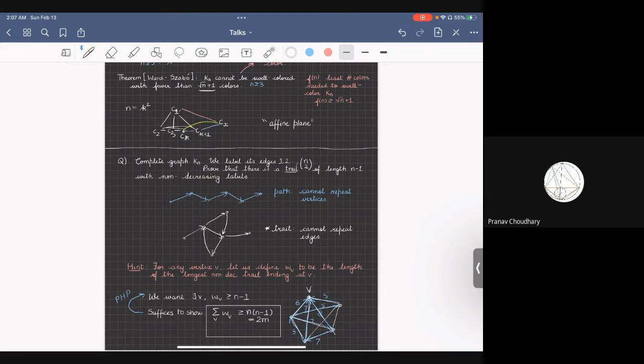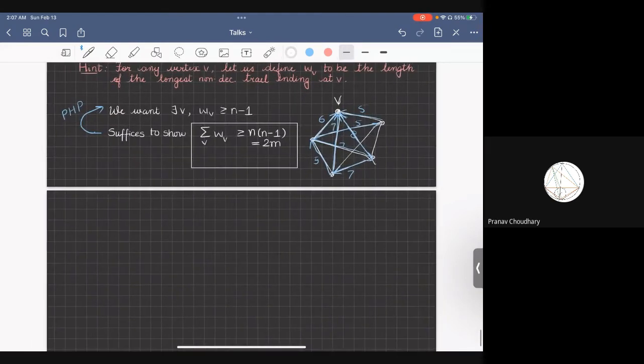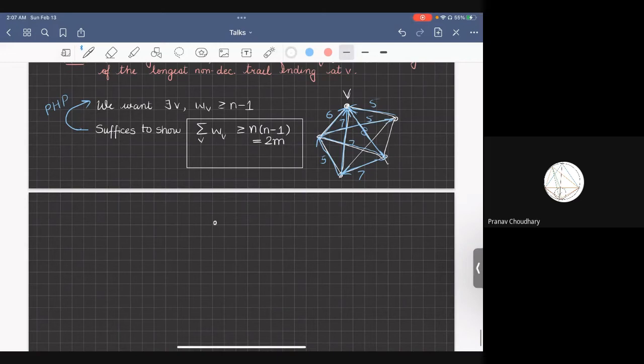So maybe consider the following graph for a counterexample. Maybe I only need 5 vertices.